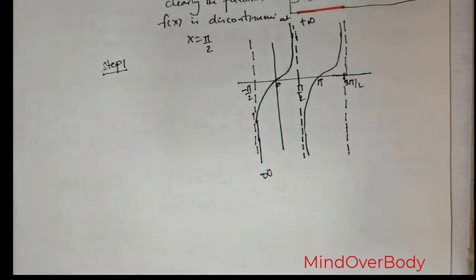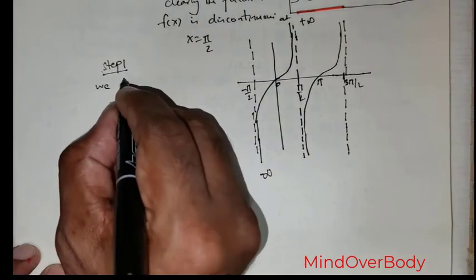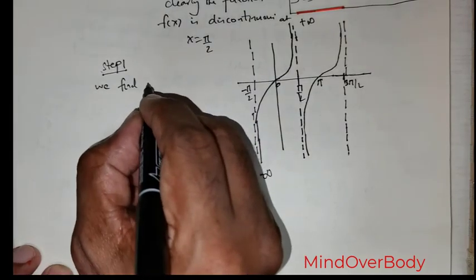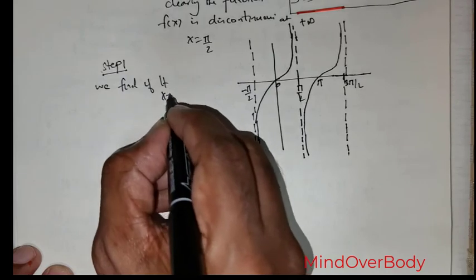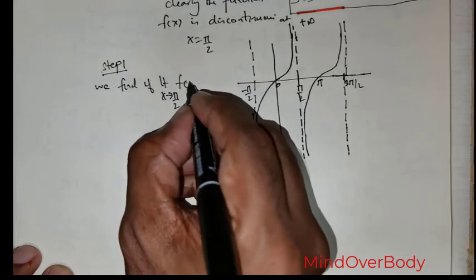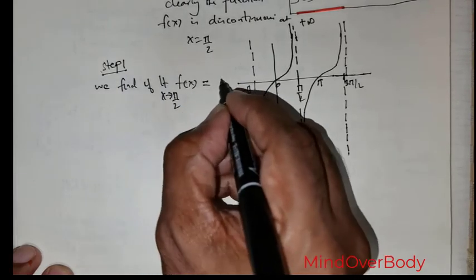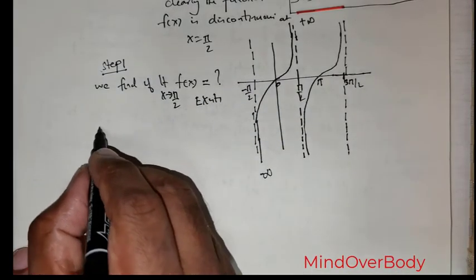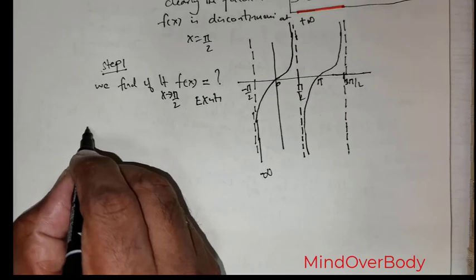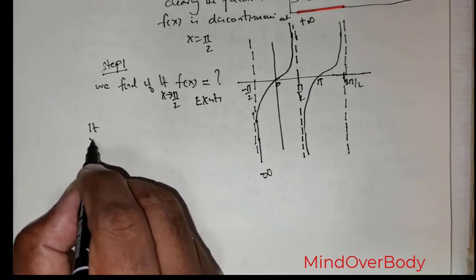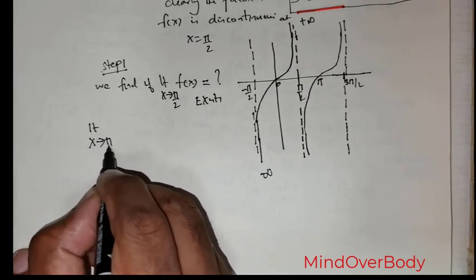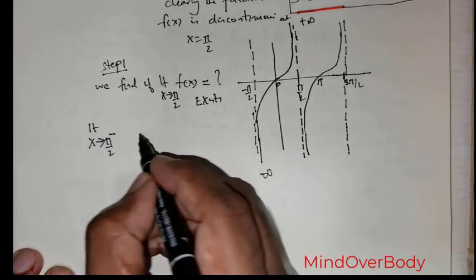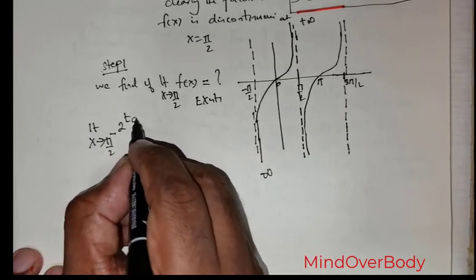What are we trying to do in step 1? In step 1 we will find if the limit as x tends to pi over 2 of f of x does exist. For that we need to find the left hand limit and the right hand limit. So let us find x tending to pi over 2 from the left side. The function is 2 raised to the power of tan x.